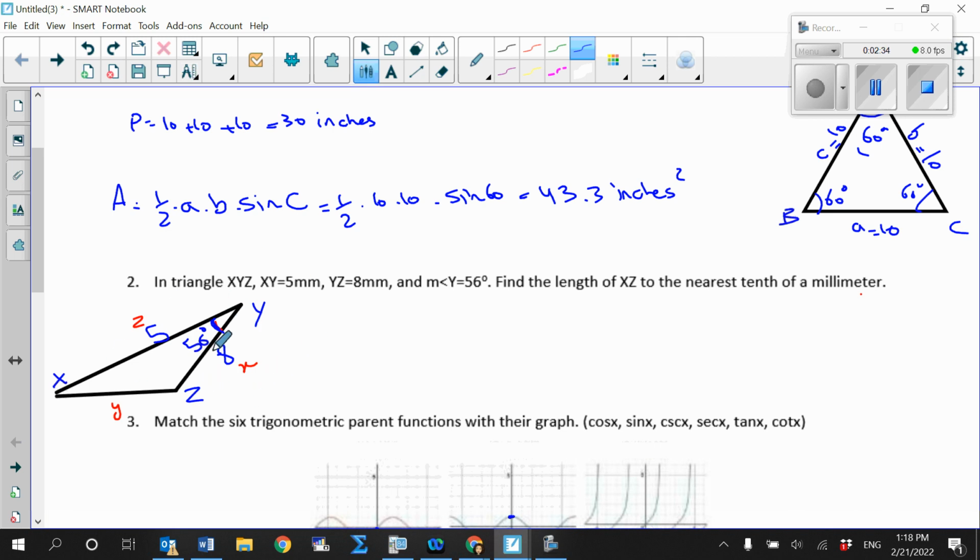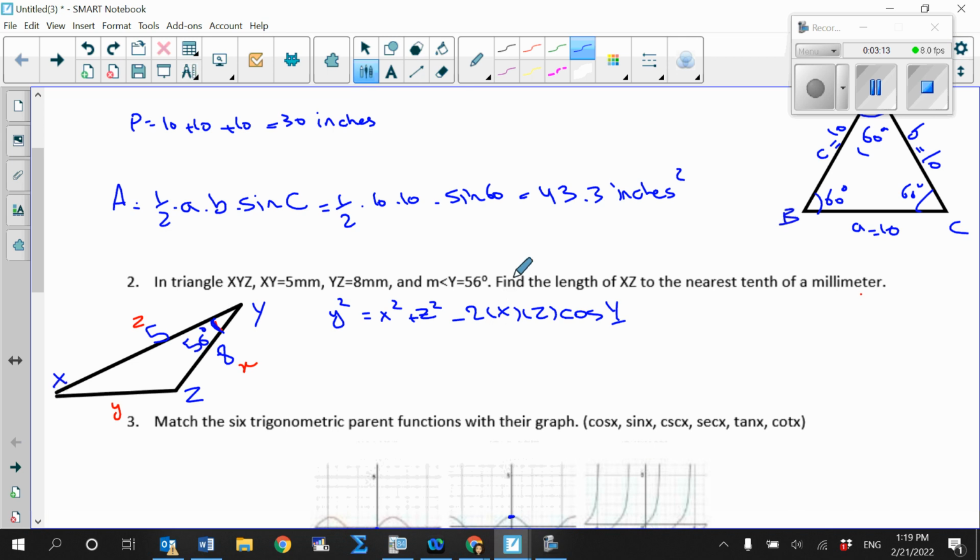In an oblique triangle, to solve for one side, we can use law of sines or law of cosines. In this case, two sides and the angle between them are given, so we use law of cosines. How do we write the law of cosines? y squared, y is the side that we're looking for. So I'm going to write y squared equal to the other two sides, x squared plus z squared minus 2 times x times z times cosine of angle y, which is the angle between those two.